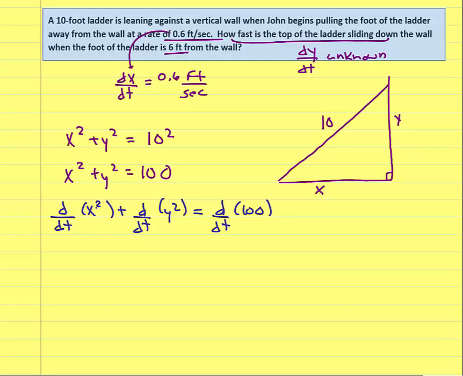So the derivative of x squared is 2x, but I just took the derivative with a variable other than t in mind, so I tack on that dx/dt. The same for the 2y dy/dt. And of course the derivative of 100, the derivative of a constant, is 0. So here's my equation. This is my related rates equation. I'll make sure I note it this time.